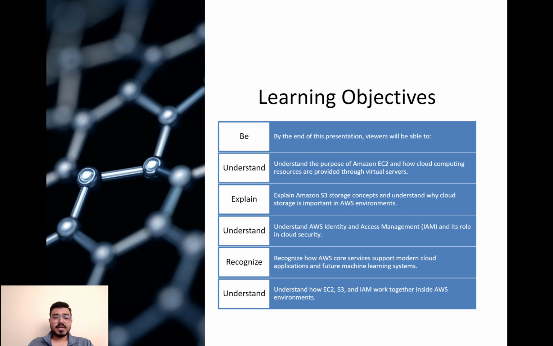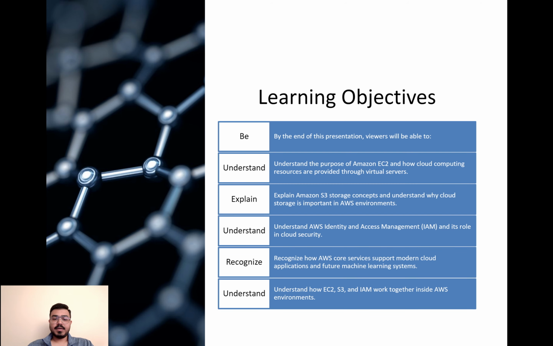So before starting, let's quickly review our learning objectives. By the end of this presentation, we will understand the purpose of Amazon EC2 and how cloud computing resources are provided through virtual servers. We will also explain Amazon S3 storage concepts and understand why cloud storage has become important in AWS environments.